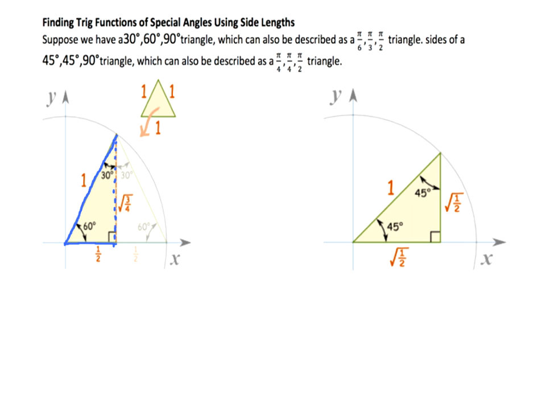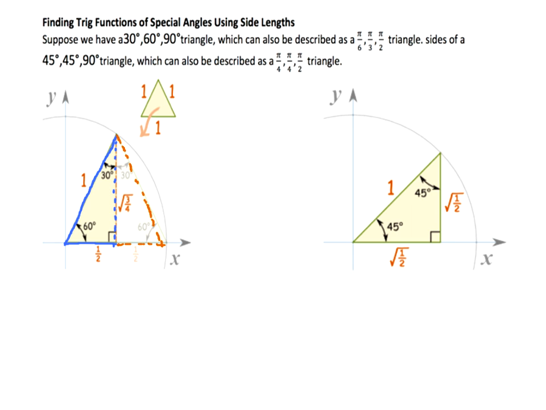Since this is half of an equilateral triangle, we know if we finished off this triangle over here, an equilateral triangle, all angles are equal, which means it's a 60-60-60 triangle.